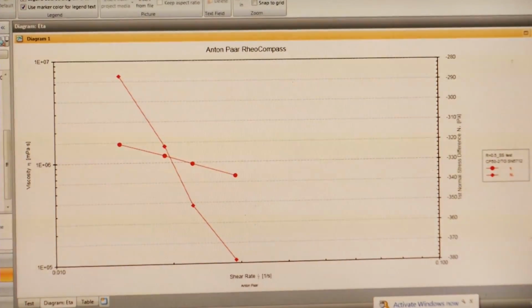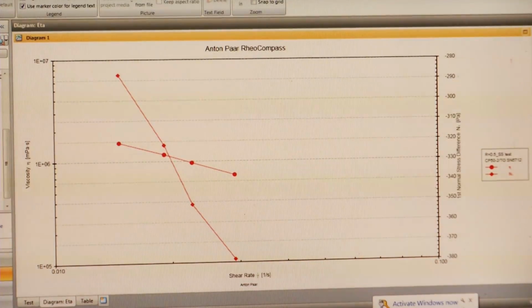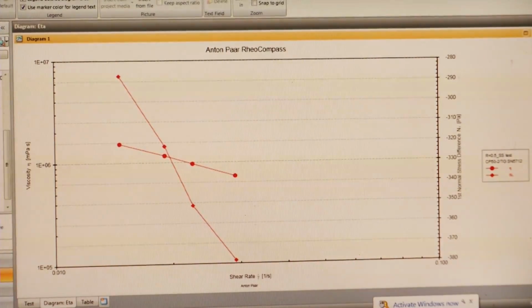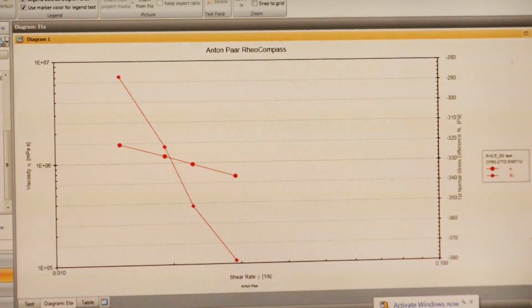First of all, the normal stress difference is negative, and at least in this small range, it does seem to be decreasing quite strongly. But what we will do now is to cut and show you the final data, so that we can get an overall idea of the viscosity and normal stress difference for these samples.